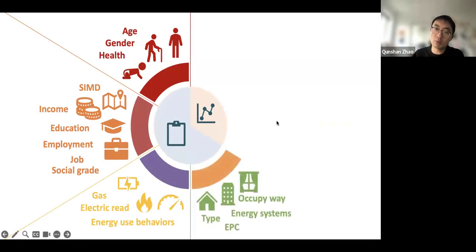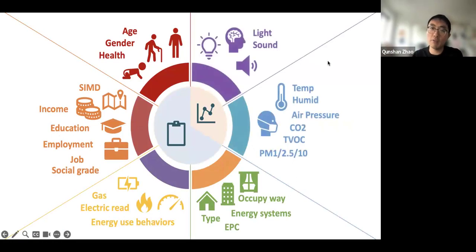We know their home situations, like their housing type, whether a detached house, semi-detached house, apartment, or flat. We also have the sensor information. So this creates a full picture of how people actually engage with their indoor environment in relation to energy consumption and housing conditions.